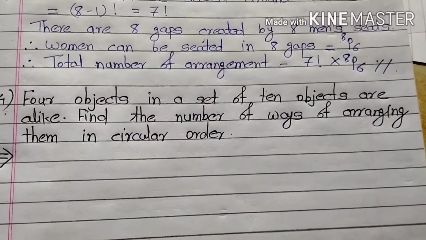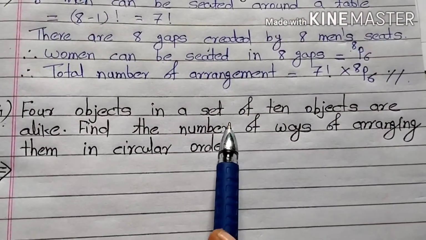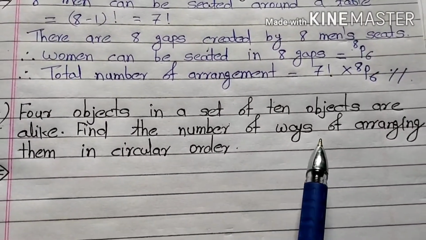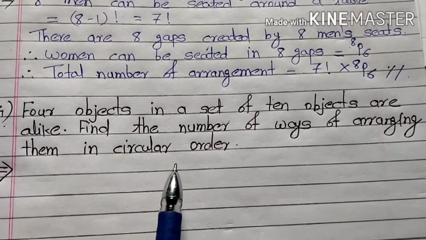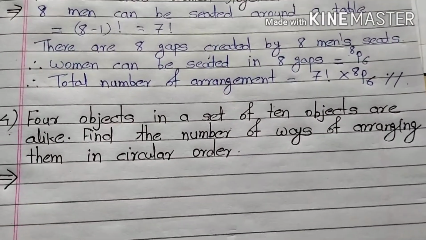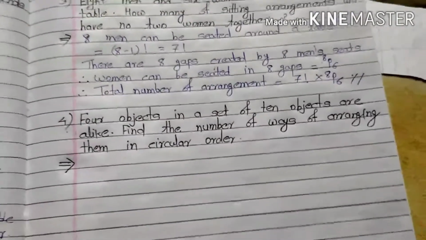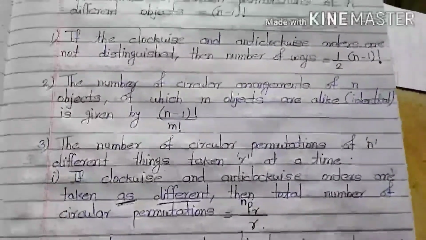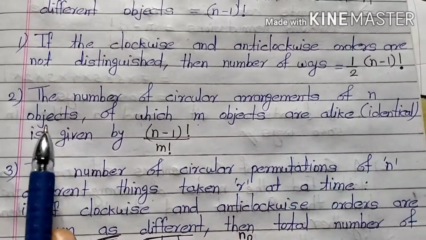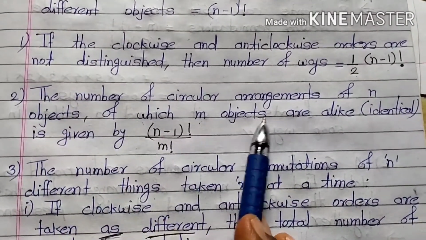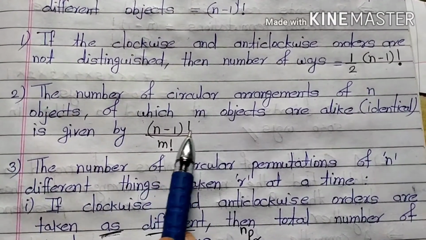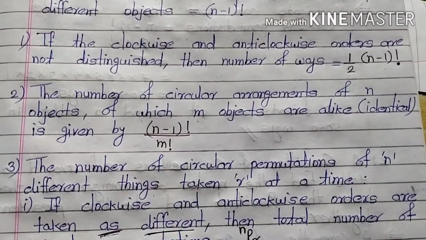Now next example. 4 objects in a set of 10 objects are alike. Find the number of ways of arranging them in circular order. Alike means identical. So here we have a formula: the number of circular arrangements of n objects of which m objects are alike is given by (n minus 1) factorial upon m factorial.